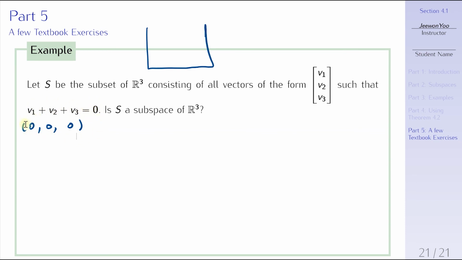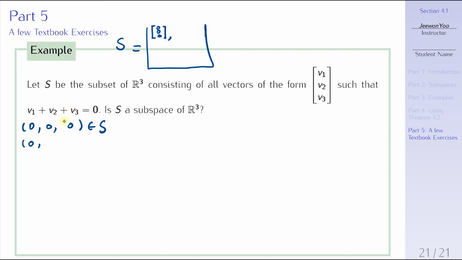Do you understand what this means? The vector (0, 0, 0) must live in S. So this box S contains the 0 vector. Also, there are many other choices, such as if you treat v1 to be 0, v2 to be 1, v3 to be negative 1.